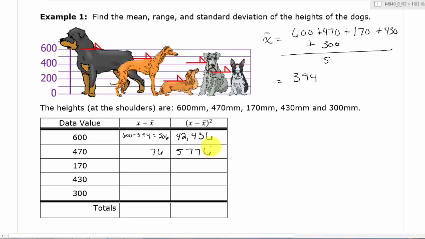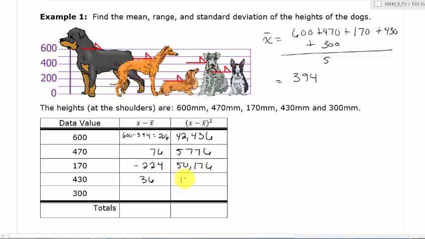And 170 minus 394, we get negative 224. And then square that, gives us 50,176. 430 minus 394 gives us 36.